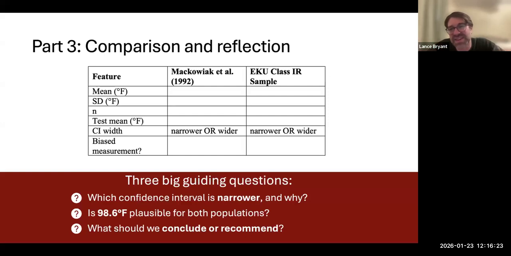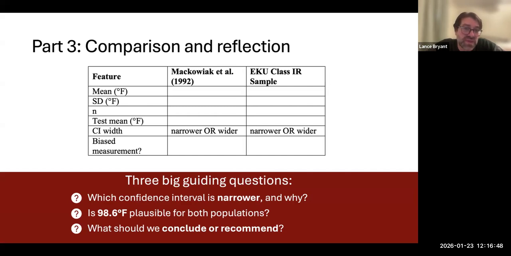But you have to do something to put those together if you want to compare those numbers. And that trips students up, and that gave them a harder time doing the comparison and reflection because they wanted to keep the 92 numbers at 98.6 and the EKU at that adjusted value. And then, of course, that makes it hard to compare them and see what's going on.